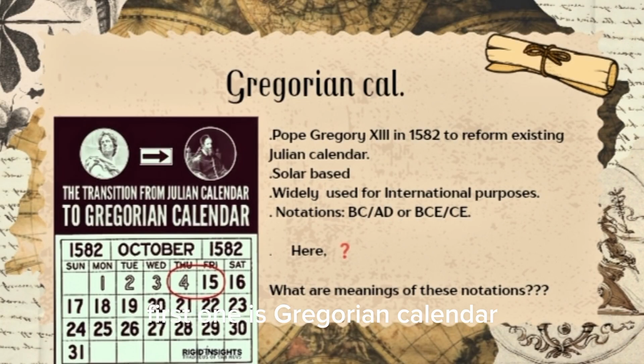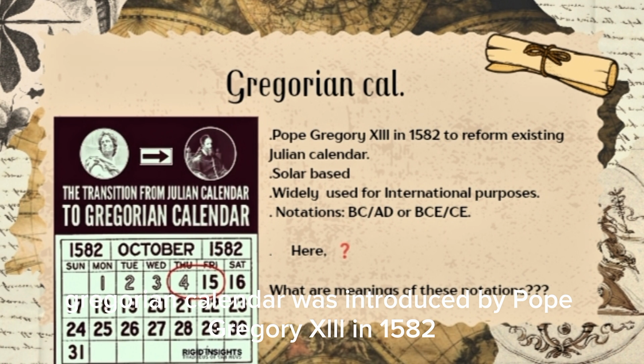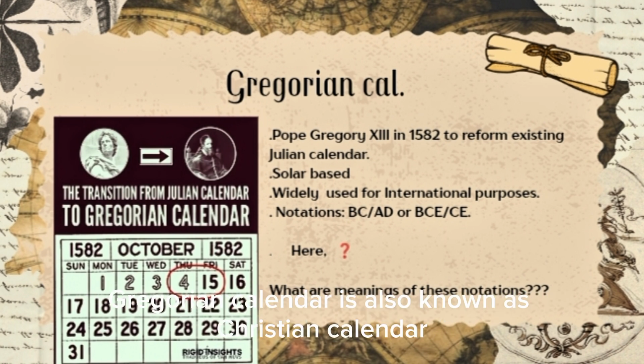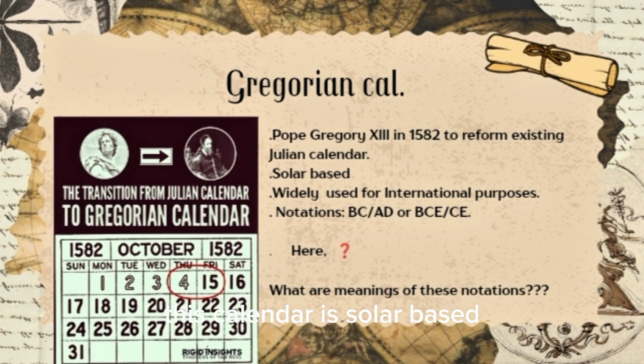First one is Gregorian calendar. Gregorian calendar was introduced by Pope Gregory in 1582 to reform the existing Julian calendar. Gregorian calendar is also known as Christian calendar. This calendar is solar based.